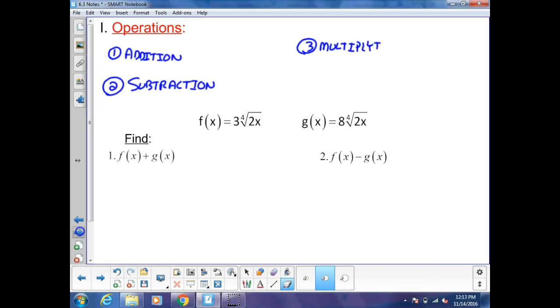Actually, we'll call it multiplication. And we are going to use division.